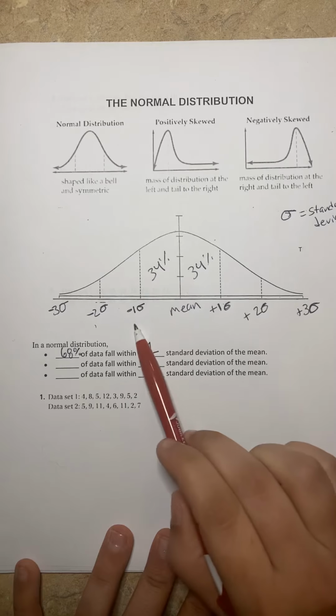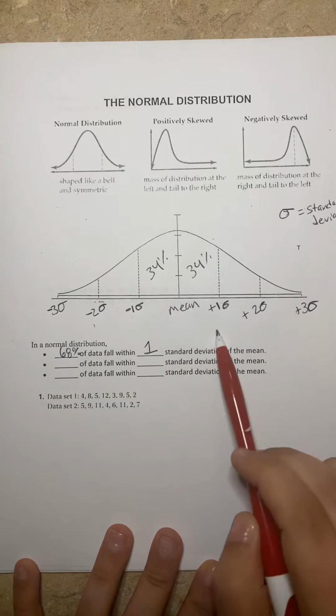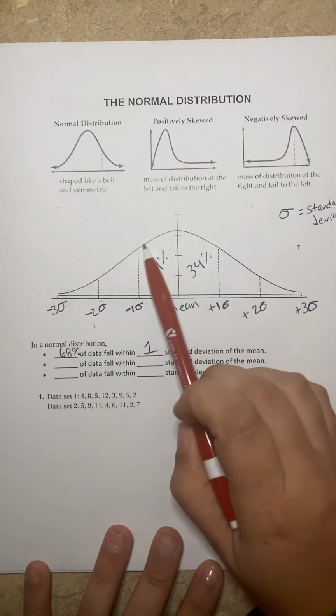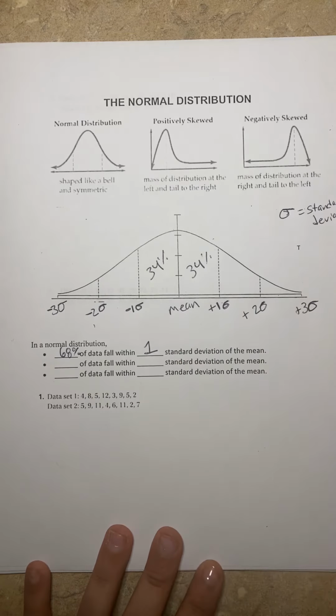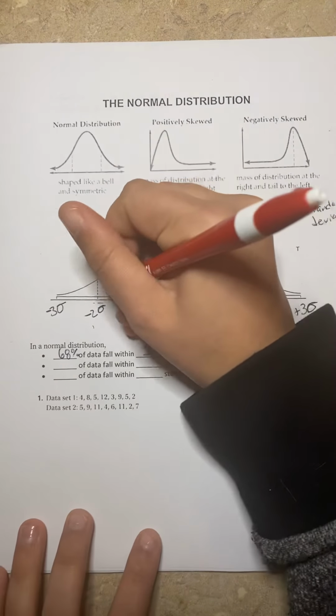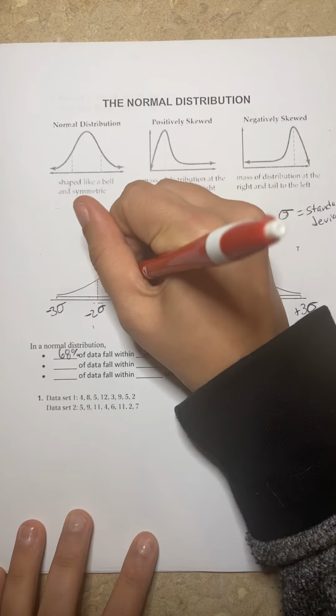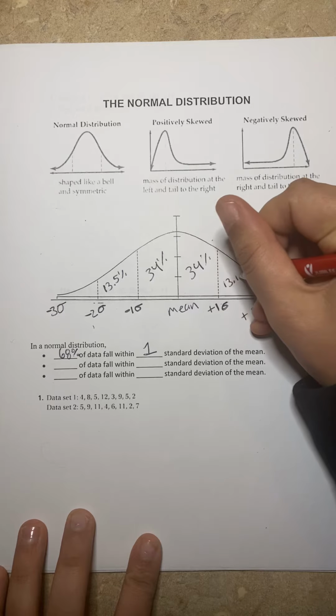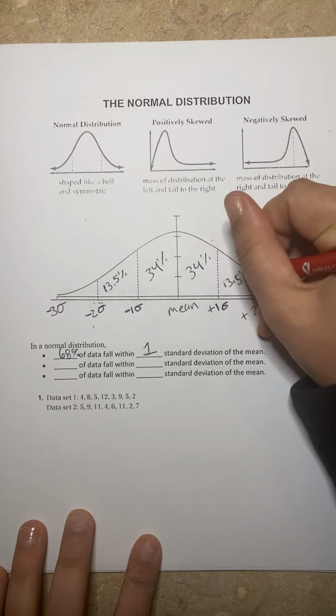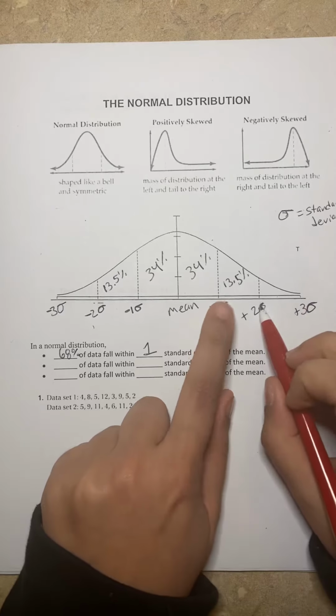That's why the hill is so tall up here, because it's holding the majority of your data. The next section is going to have about 13.5% of your data. So both of these have about 13.5% of your data between 1 standard deviation and 2.